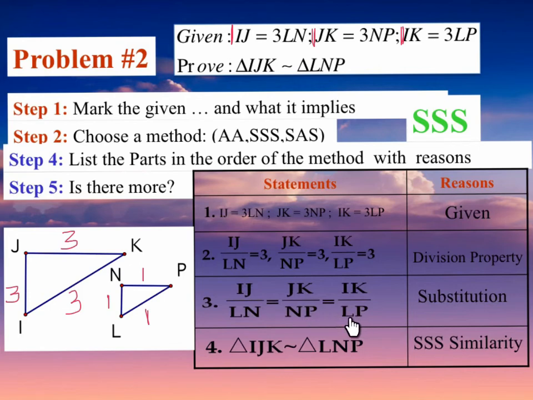And therefore, these ratios create a proportion that is equal to each other. So this is an equivalent proportion. And therefore, IJK is similar to LNP by the side-side-side similarity.